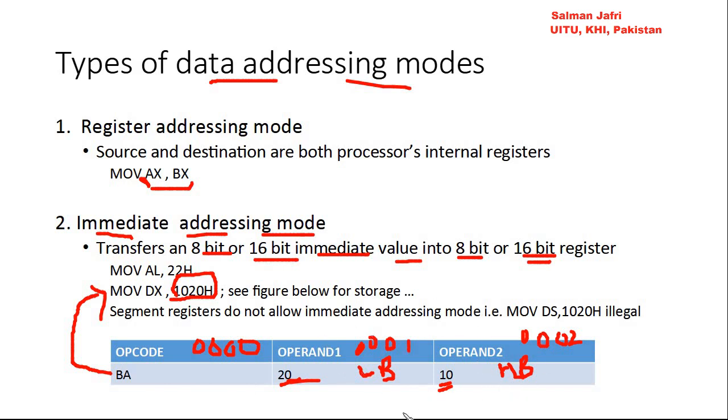The processor does not need to make another memory reference to get to the data. This is called immediate addressing mode because the immediate data is included as part of the instruction, which makes it one of the very efficient addressing modes.